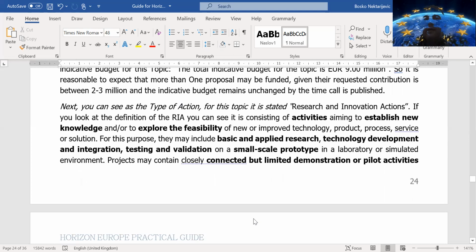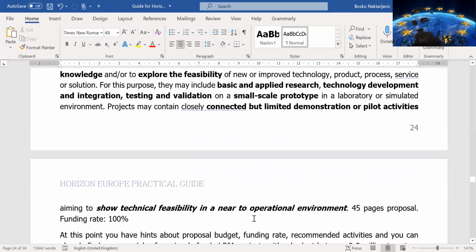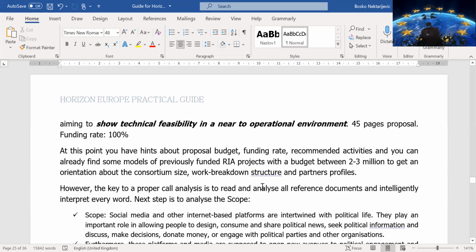Projects may contain closely connected but limited demonstration or pilot activities, aiming to show technical feasibility in a near to operational environment. And under Horizon Europe, you will have 45 pages for your proposal, and the funding rate, that's also important, is 100%.